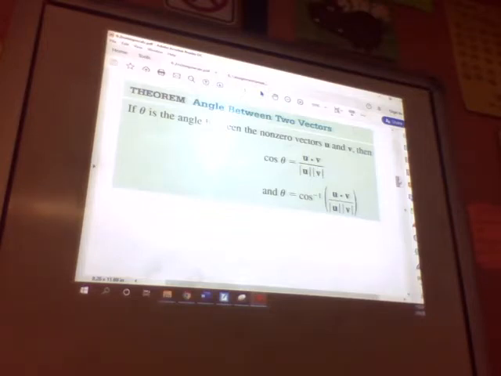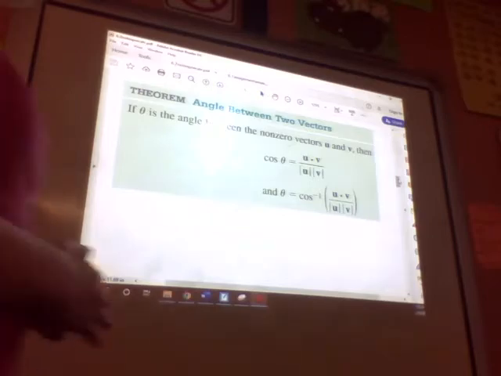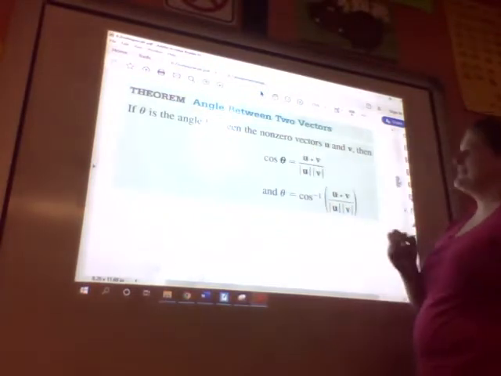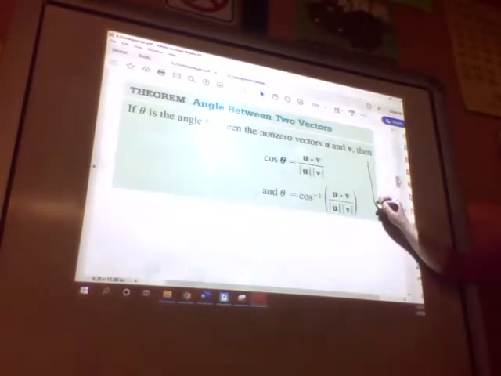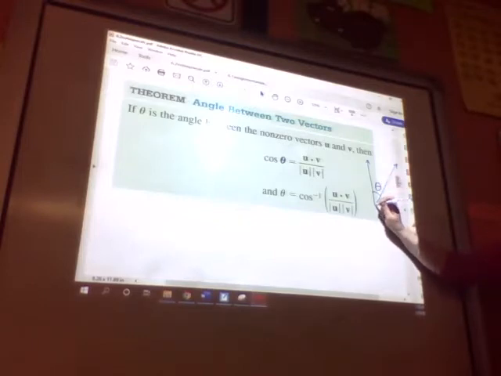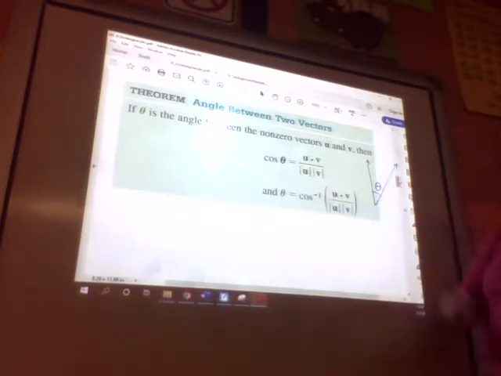No, so here we go. We are going to find the angle between two vectors by using this formula, okay? This represents the angle between them. So let's say that we've got this vector and this vector, and we want to find the angle between them. That's right here. Remember that we are trying to find an angle, and we're using trig, so we're probably going to have to use an inverse. Anytime that you are trying to find an angle from trig, you're probably going to throw in an inverse there.